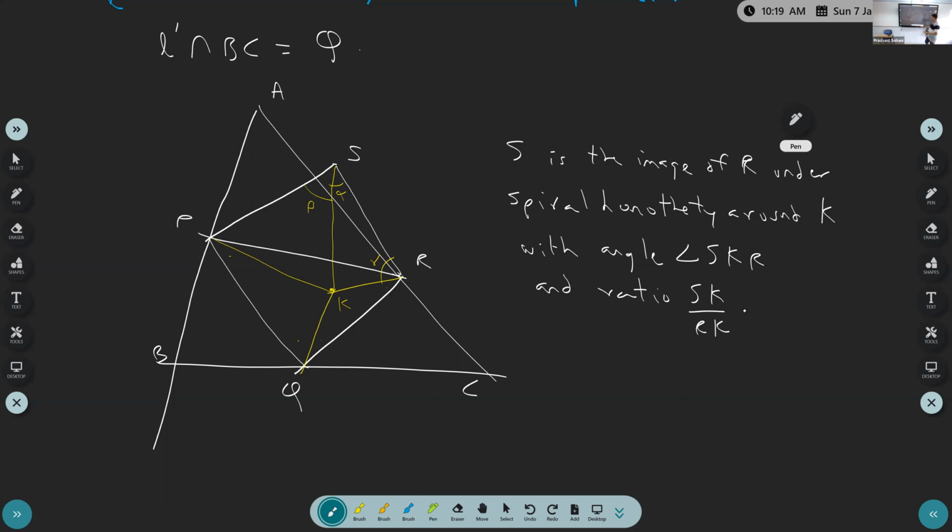What I'm saying is that the shape of this triangle SKR, let us look at this triangle SKR, the shape of that triangle is fixed because all the angles are fixed. So I know exactly what is the operation of homothety around point K, which will allow me to go from R to S. I need to rotate by this angle and I'll need to scale with that ratio of those two sides.